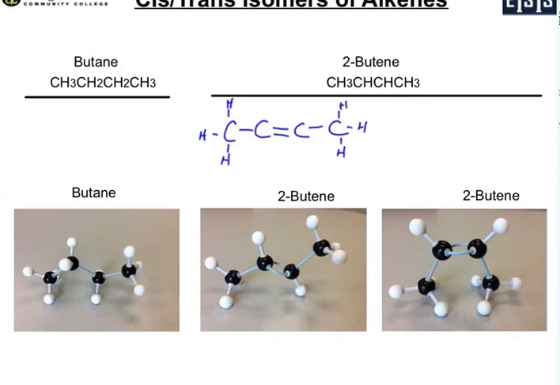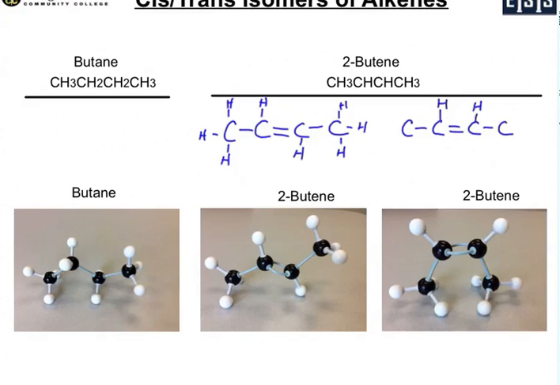But on the middle carbons, where I have the double bond, I can draw my hydrogens across from each other, or I can draw them on the same side, either on top or down the bottom. For a double bond, it makes a big difference whether I draw them across from each other or on the same side.